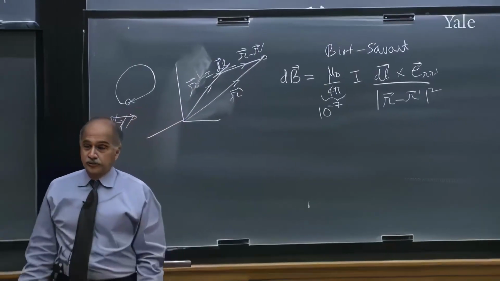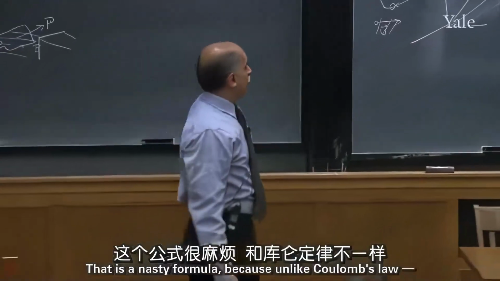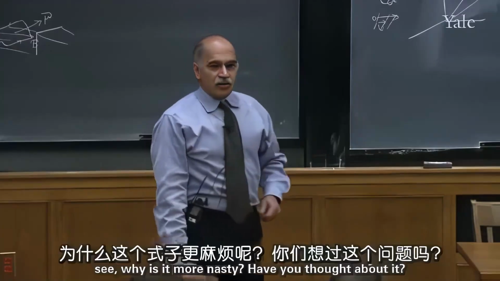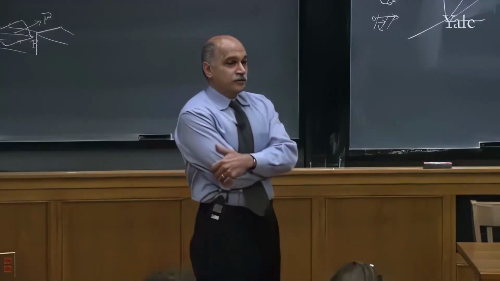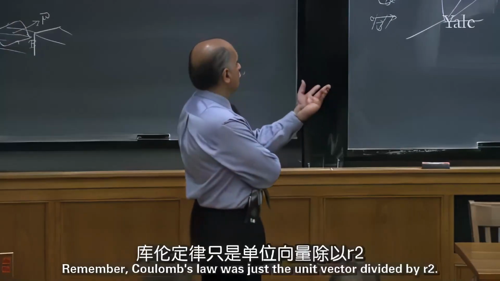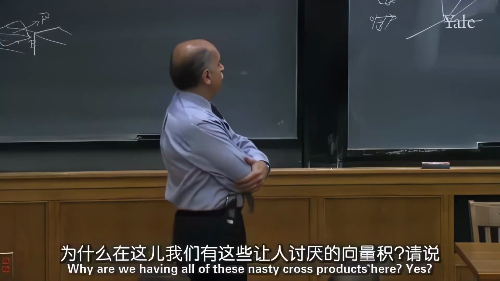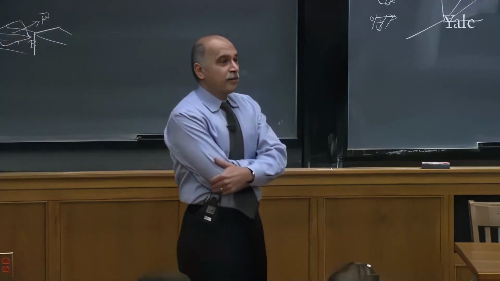That's the formula. That is a nasty formula. Unlike Coulomb's law, why is it more nasty now? Have you thought about it? Why is it so much harder now than for Coulomb? Remember, Coulomb's law was just a unit vector divided by r squared. Why are we having all these nasty cross products here?